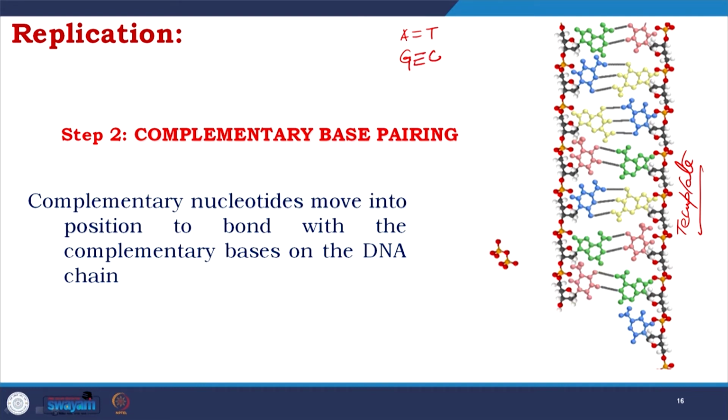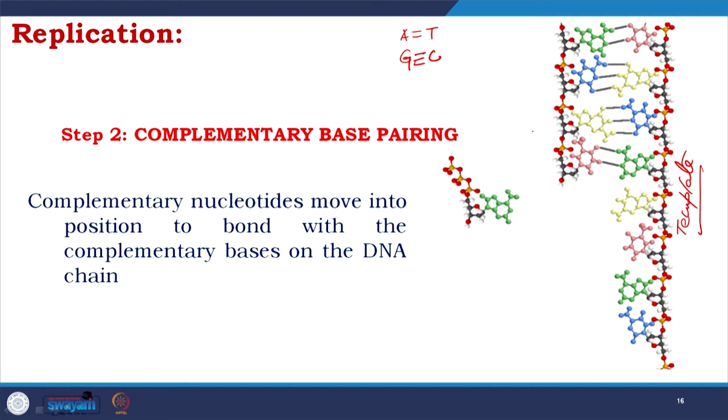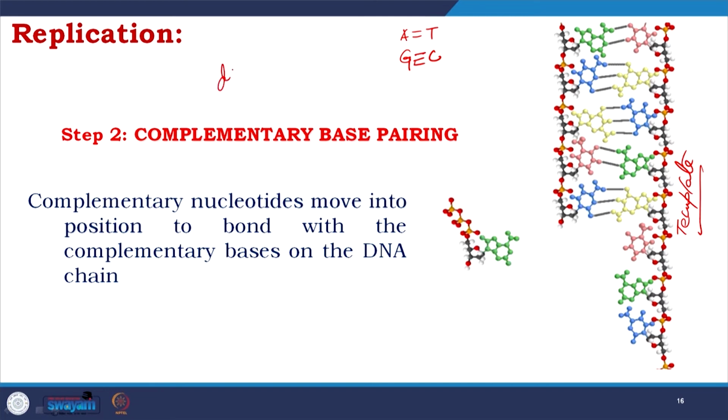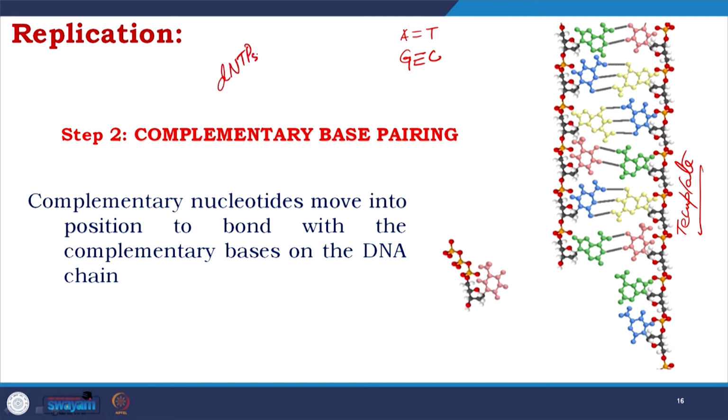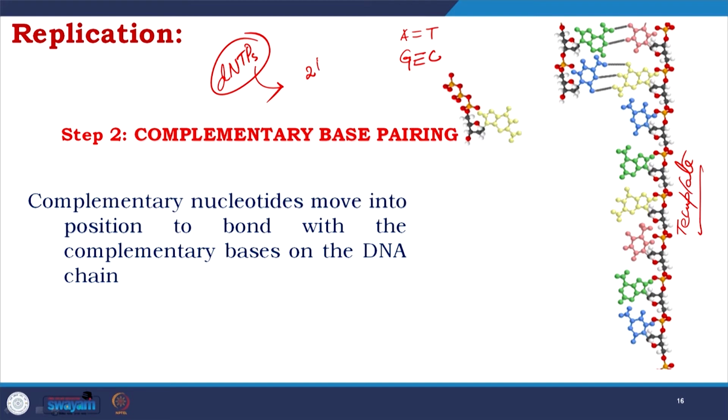But if you look, a very interesting thing here, you see that the nucleotides are coming as triphosphates. So, they are coming as dNTPs and 2 phosphates are actually released.